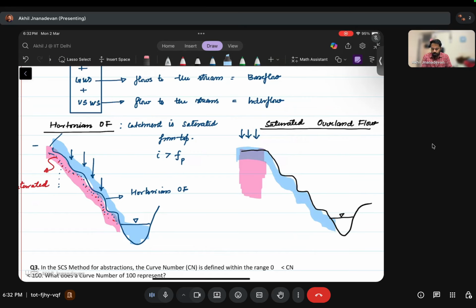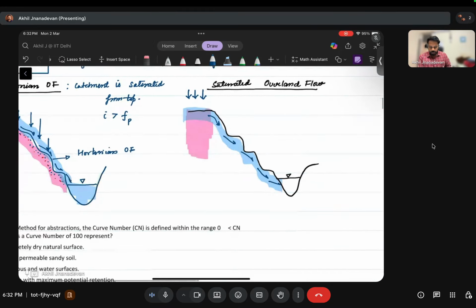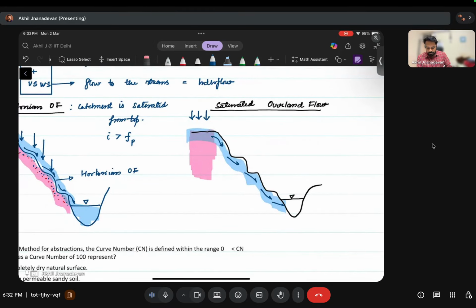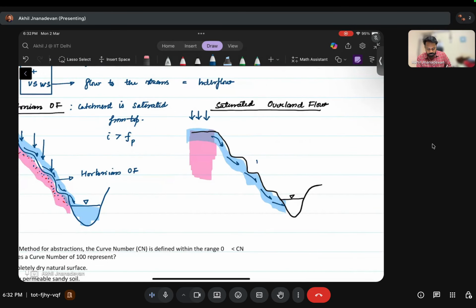When the interflow is happening, at that time, if rainfall starts happening here in the downstream region, this area is already saturated, right?